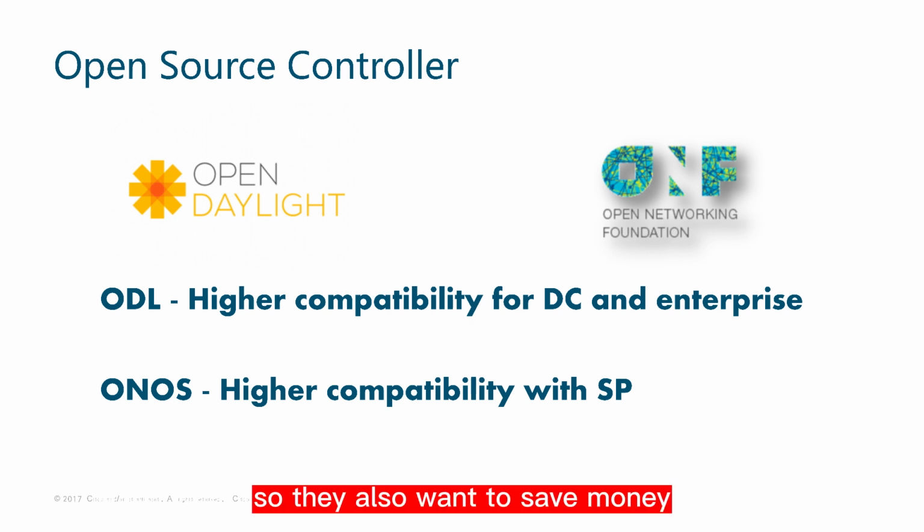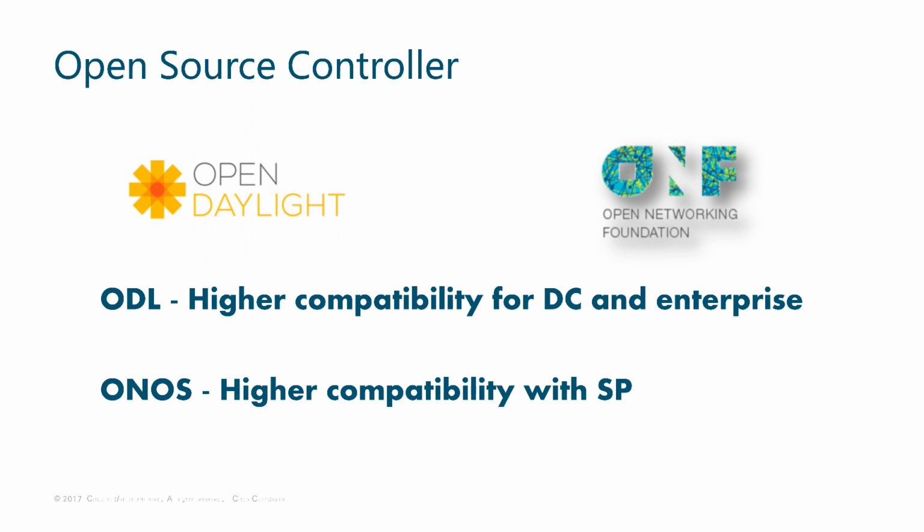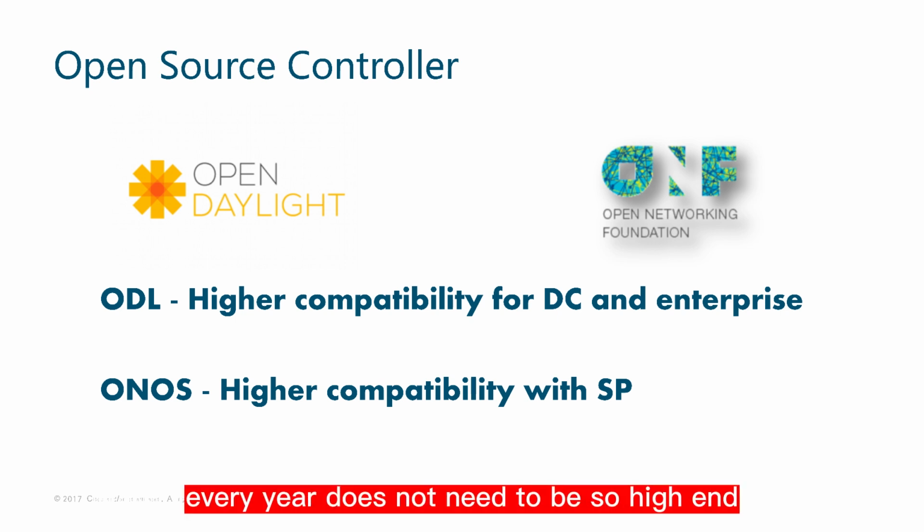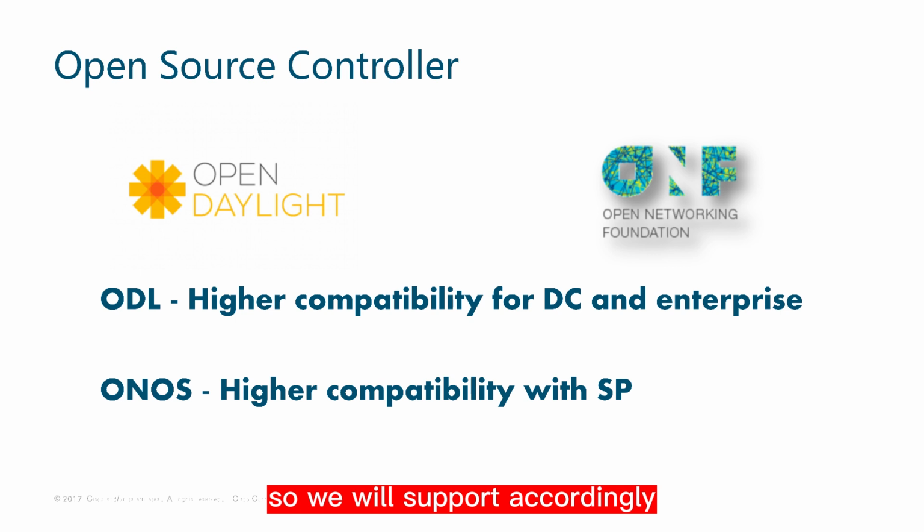So they also want to save money. To put it bluntly, operators hope to save money. If so, the equipment they buy every year does not need to be so high-end. This saves a considerable amount of money, so they will support it accordingly.